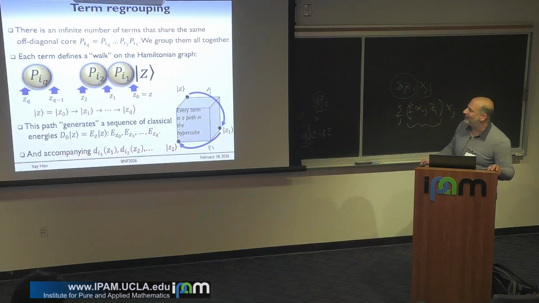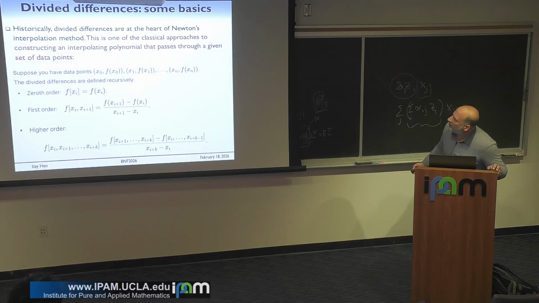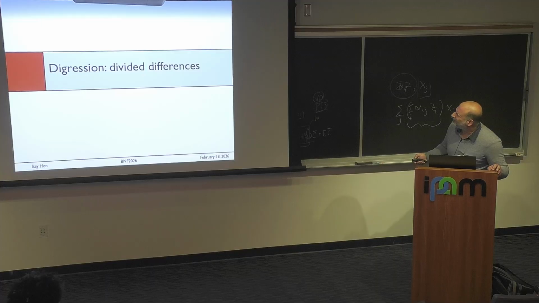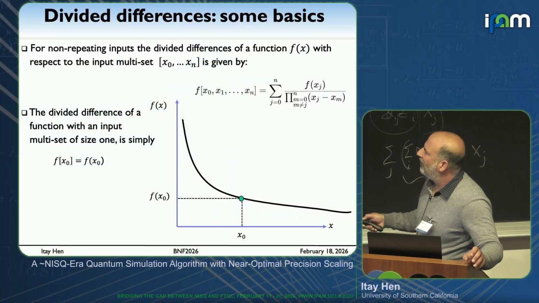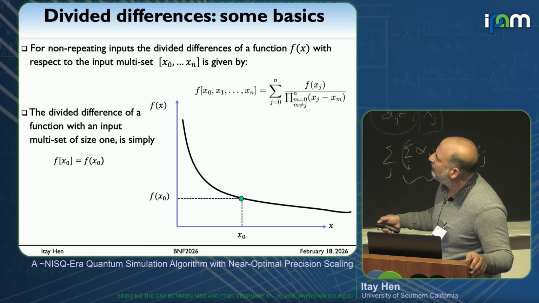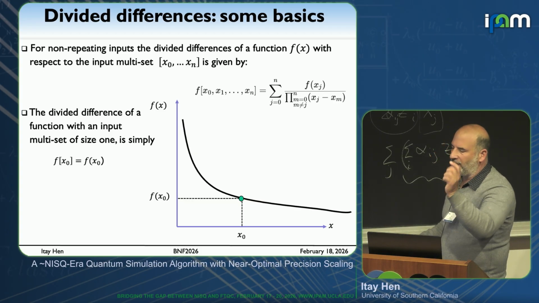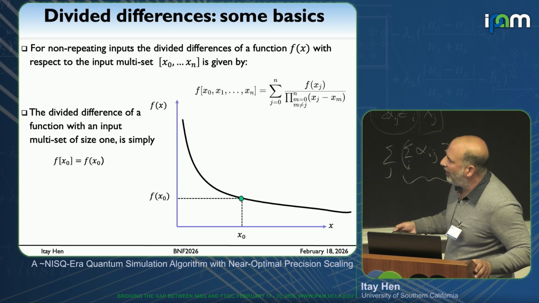Yes, absolutely. So I'll just tell you a little bit. Maybe I'll skip because I don't have much time. The divided difference of any function with respect to a number of inputs is, if all the inputs are very different, essentially the sum over the function at each of these nodes divided by the product of all the differences between that node and the other ones.